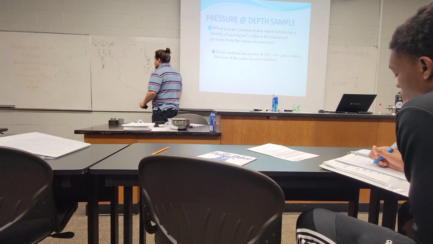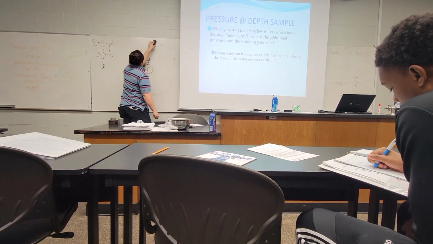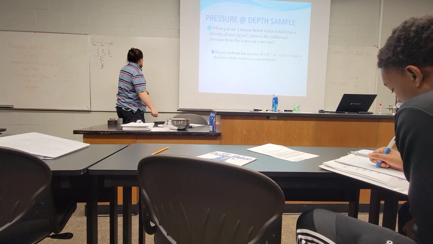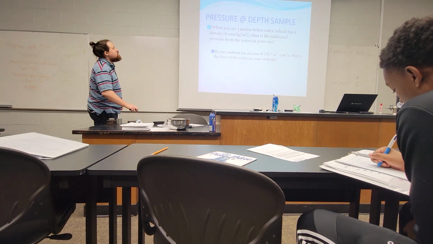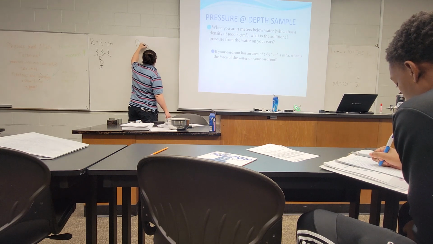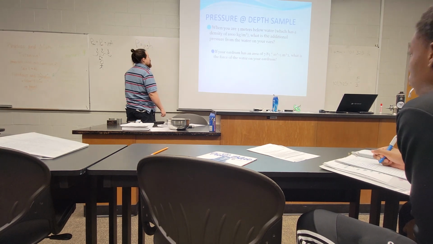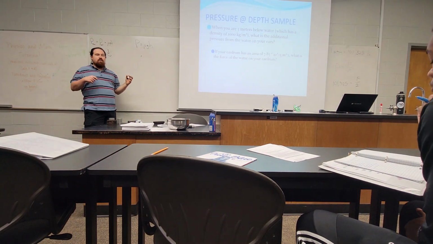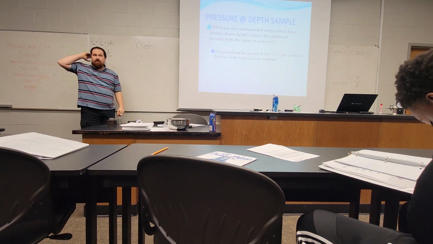3 meters underwater. And since we like kilograms per meter cubed, that would make water's density 1,000 kilograms per meter cubed.